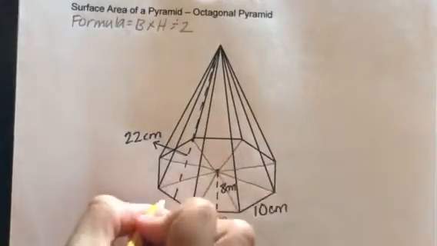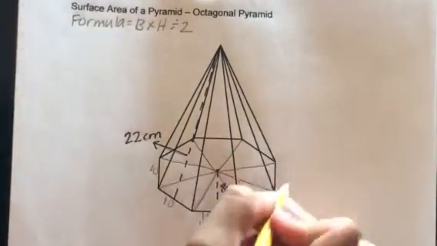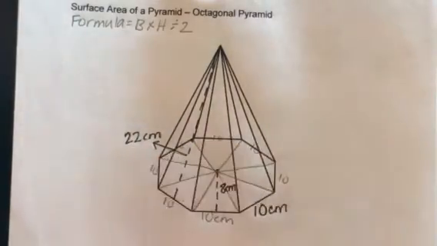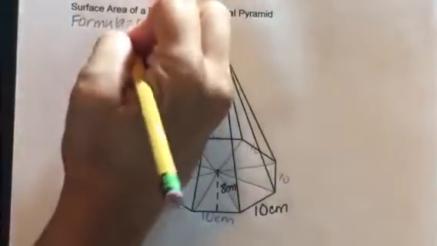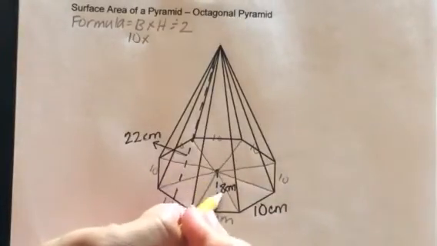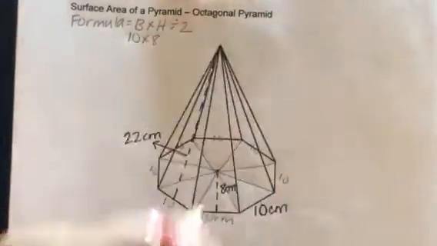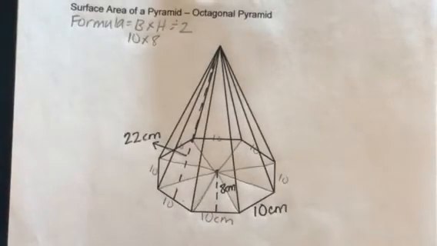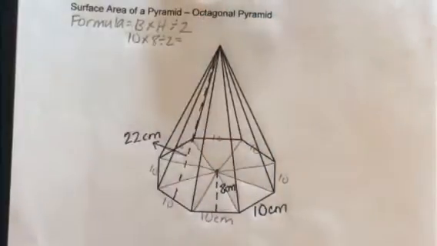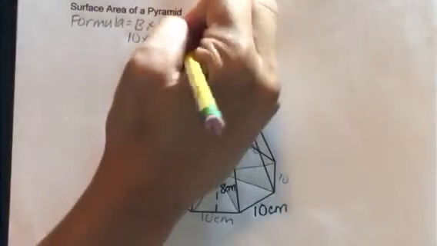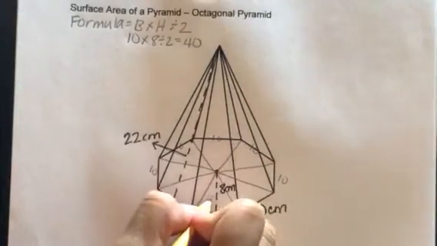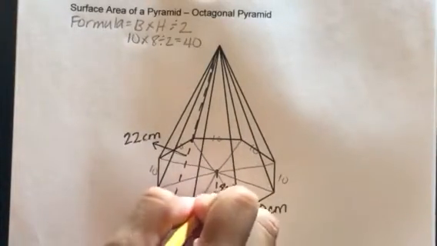And really, all of these sides going all the way around are going to be 10, all the way around. So then I have a base of 10, so I'm going to do 10 times the height, and all of these triangles have a height of 8, and 10 times 8 divided by 2 will be 40. All right, so then I know that the area of this mini triangle here is 40.